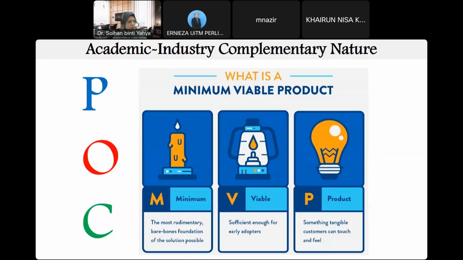So to my students, by default, if you build the thesis from the design science research framework, then it's a 2+1. You must be very clear about your knowledge contribution, and at the same time your POC will come out from your thesis. That is the base to attract industry needs. This is the minimum requirement for my students when they want to do the PhD using the design science approach.